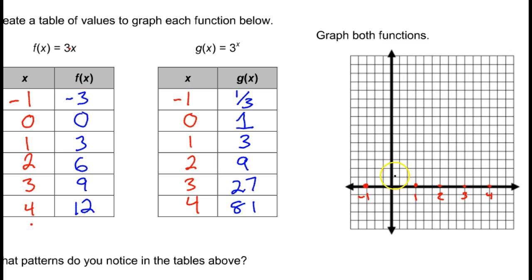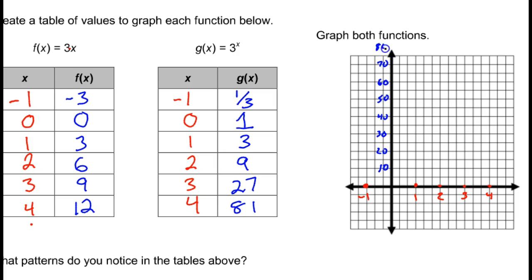If I count by tens, 10, 20, 30, 40, 50, 60, 70, 80. I can cheat just a little bit. Count by fives. See what happens there. 10, 20, 30, 40, 50, 60, 70.